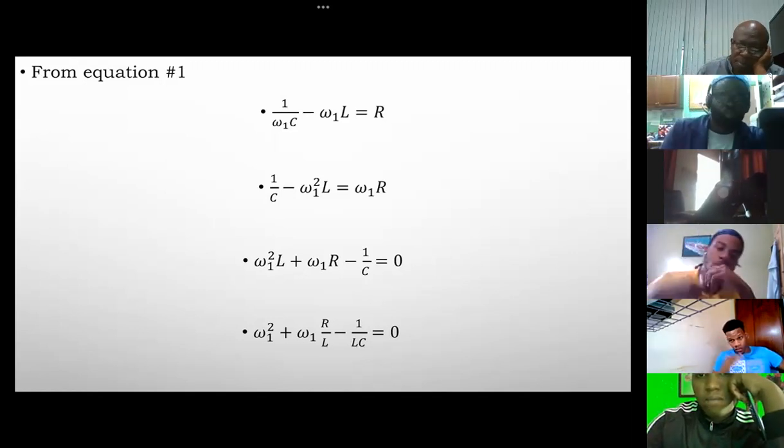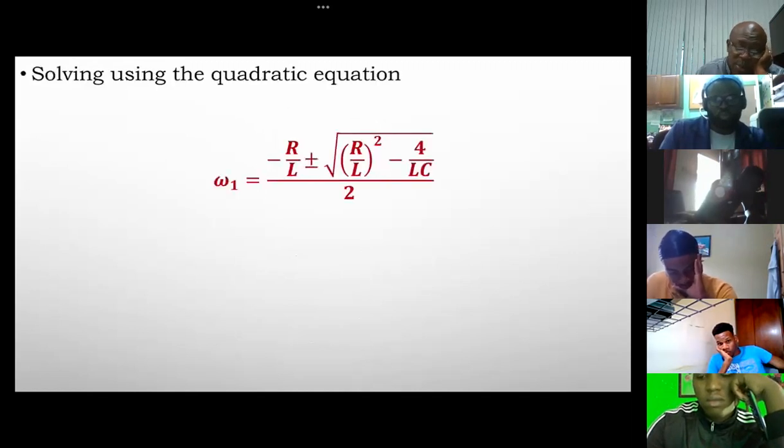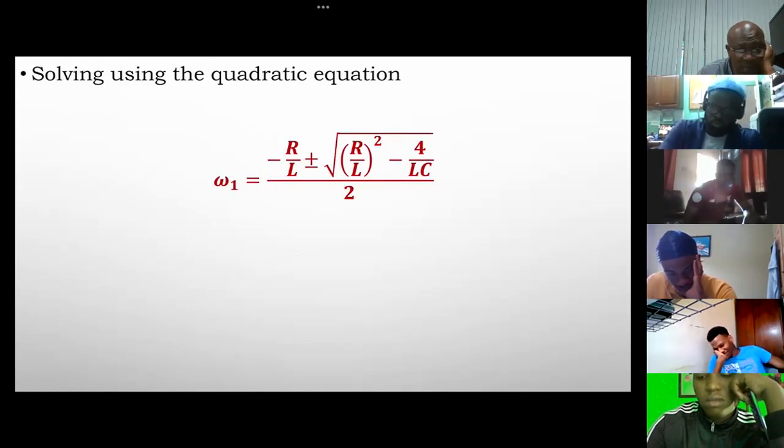All right. Now I can use the quadratic equation. I think we are all familiar with it: minus b plus or minus the square root of b squared minus 4ac, over 2a. That's all I'm doing here.